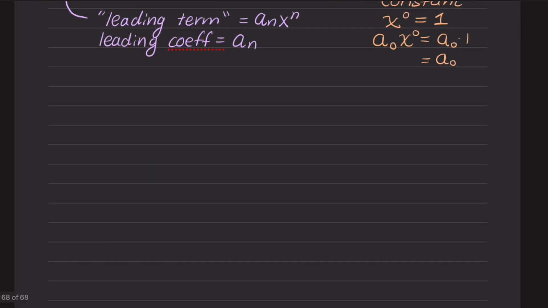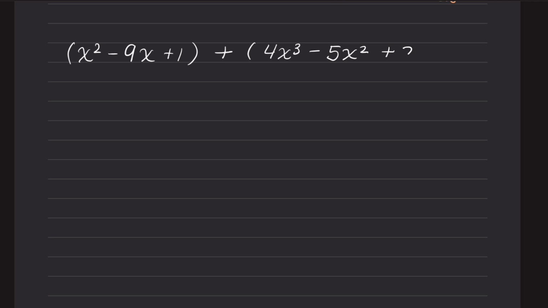All right, so now we're going to talk about doing some operations with different polynomials. So let's say I wanted to add two polynomials. So maybe I have x squared minus 9x plus 1 as one of my polynomials, and I wanted to add this to the polynomial 4x cubed minus 5x squared plus 2. Now, we're going to combine like terms here.